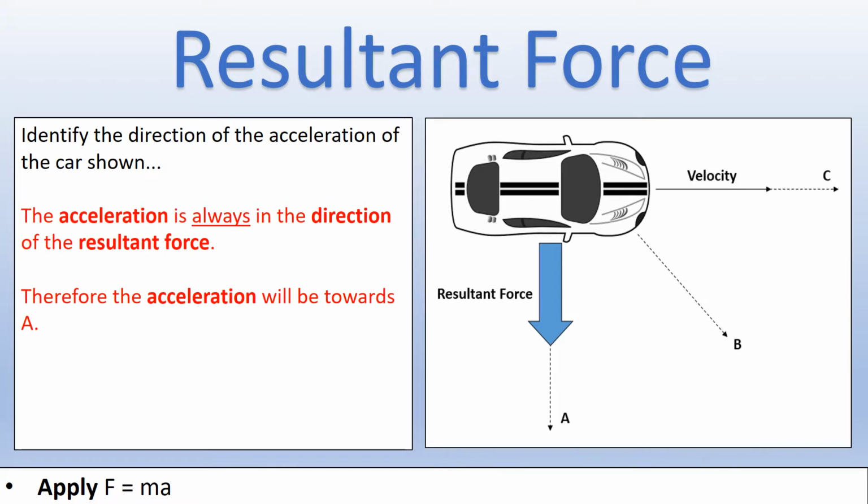So in this case, the resultant force is towards a, therefore the acceleration is towards a. A lot of people get distracted by the velocity. The direction of the velocity is not important in the slightest in terms of working out the direction of the acceleration, nor is how big the velocity is. The only thing that matters is what direction the resultant force is, so it's towards a.